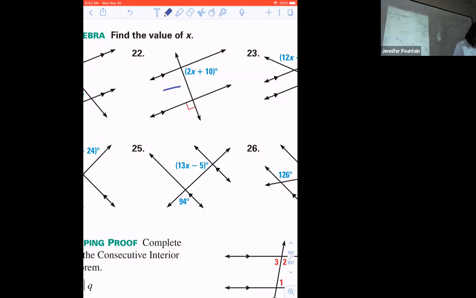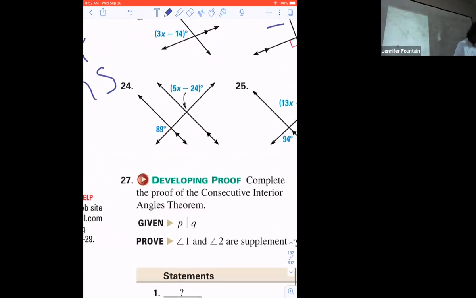All right, 24. They've given me 5x minus 24 for one of my angles and 89 degrees for the other. So when we look at these two, what is the relationship between the placement? What is my relationship here? Exterior angles. Okay, so they're both going to be exterior angles, but they're not alternate exteriors, are they?